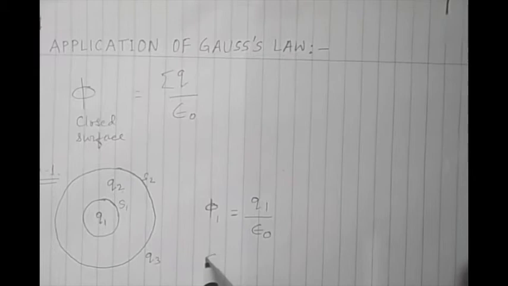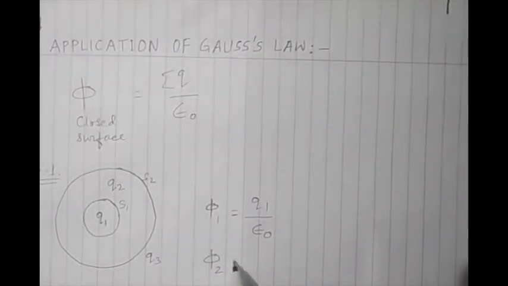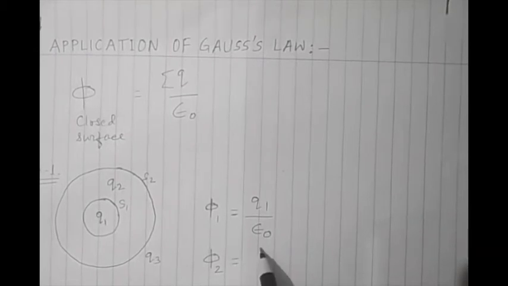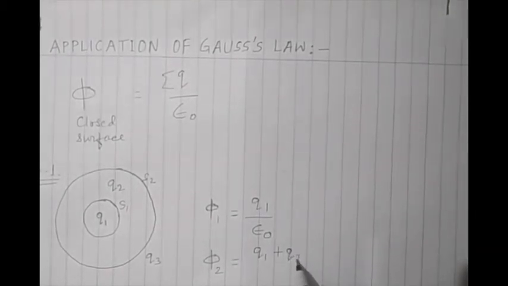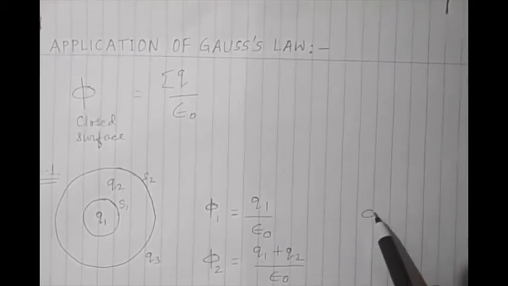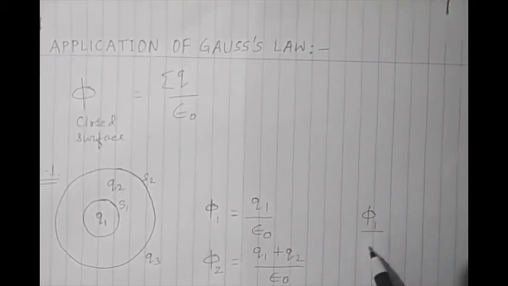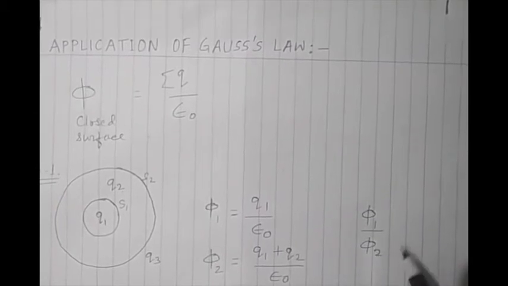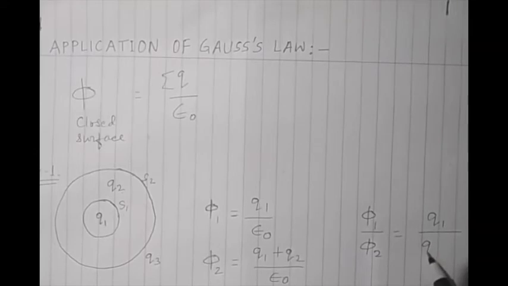Therefore flux through the surface S2 is given by Q1 plus Q2 by epsilon naught. You can also find the ratio of phi1 and phi2. Phi1 by phi2 is equal to Q1 by Q1 plus Q2.